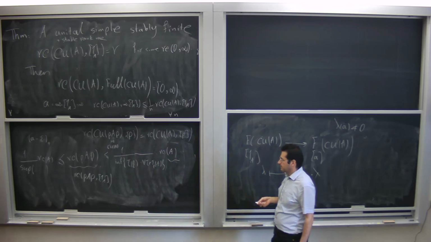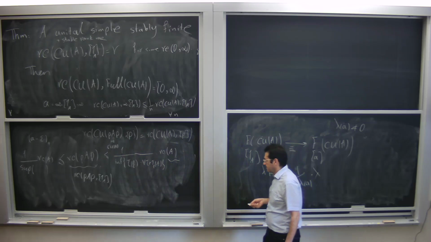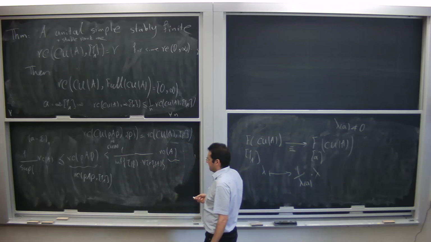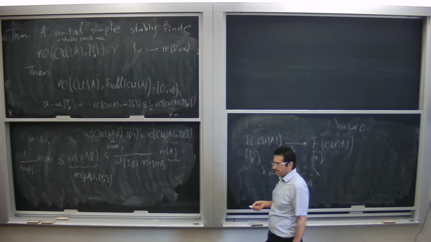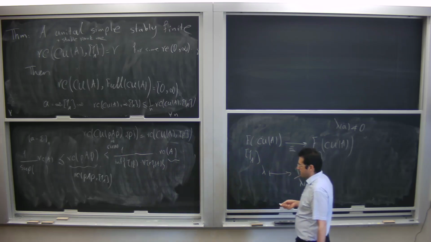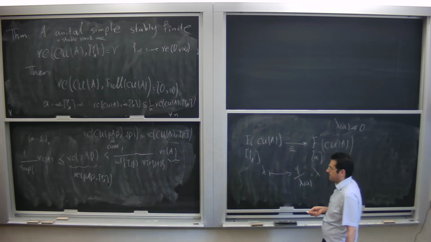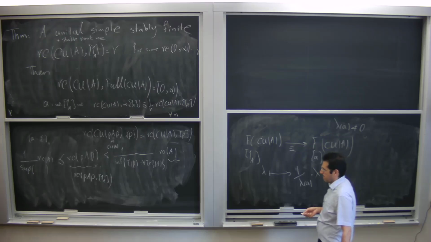That's right, because the rank of a projection is finite valued and continuous, and so the rank ratio, the ratio of the ranks of two different projections, will be a bounded function on a simplex, on a compact subset of the cone.